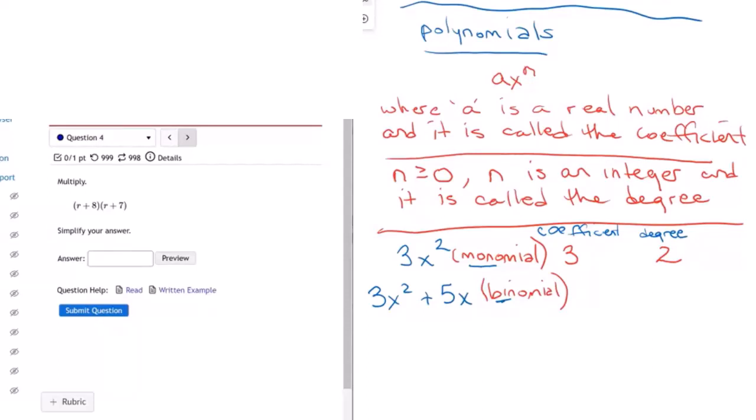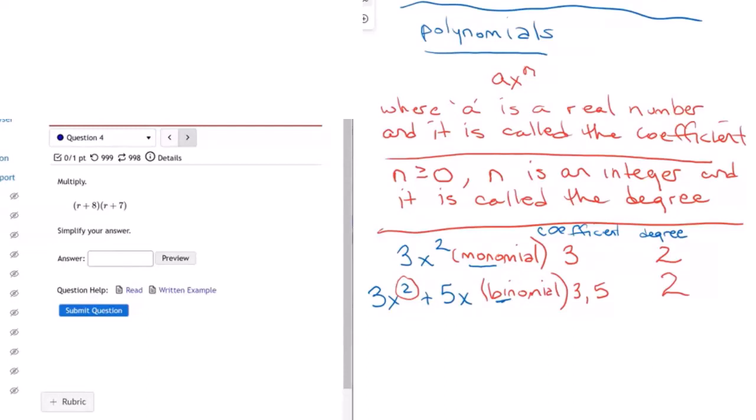We have a leading coefficient of 3, and another coefficient of 5. But my degree has to do with the largest exponent. So my degree here is still 2, even though I have one value with a degree of 1, we don't care.